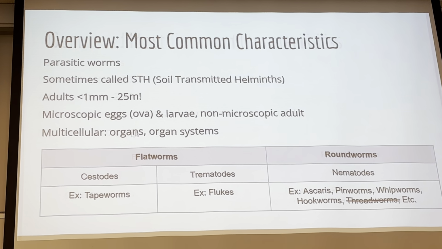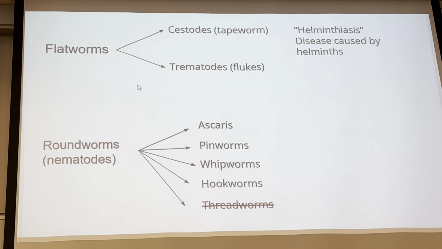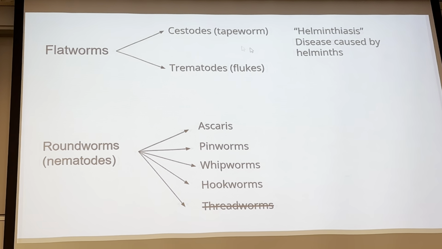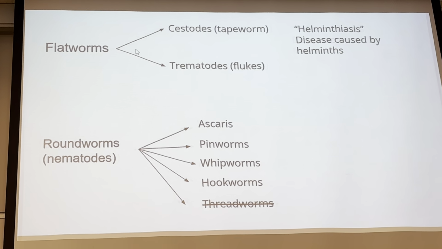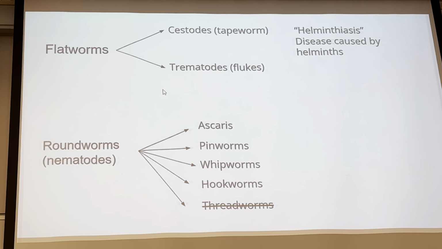They are multicellular. They have organs and organ systems. I'll show you what some of those look like. However you put them into categories, whatever helps you to memorize the names and kind of what they look like. One more thing I wanted to bring up is the term helminthiasis. That's the disease caused by helminths, so it's called helminthiasis.